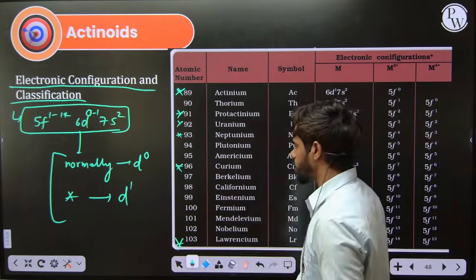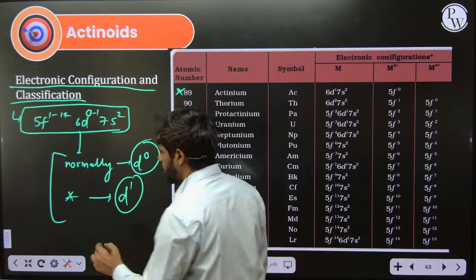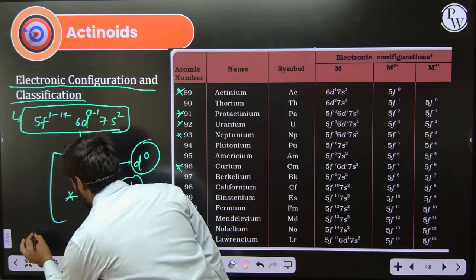In all these cases we have a d1 configuration. Otherwise, a d0 configuration.